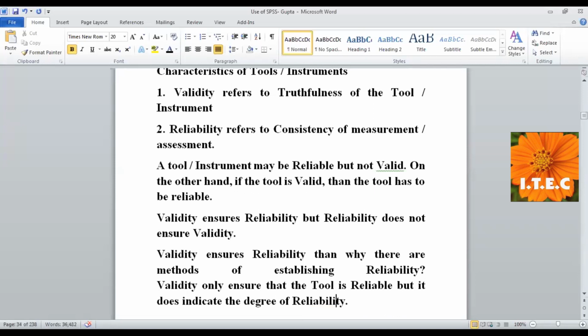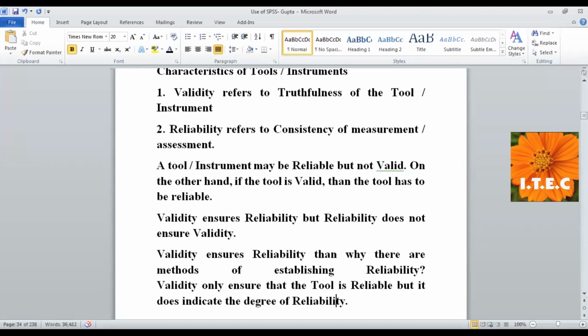So if your tool is valid, that means it is reliable. But how much reliable, that the validity coefficient cannot tell you. In order to know the degree of reliability, there must be different methods of establishing reliability.